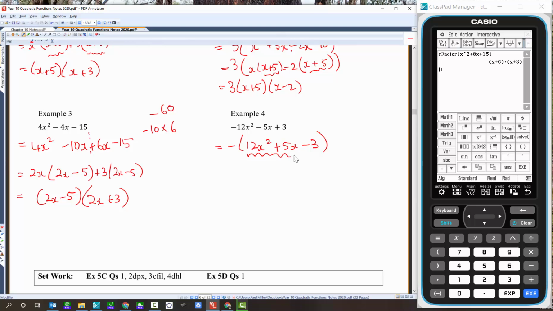Now let's focus our attention on the trinomial here. I'm going to do 12 times negative 3, which is negative 36. Now factors that when multiplied together give me 5x. Well, there's 6 times 6. That can't be right. There is 18 times 2, but I can quickly see that my answer is 5x.